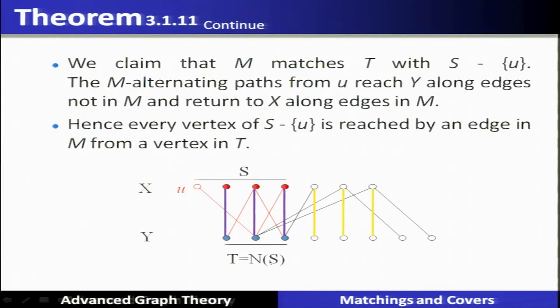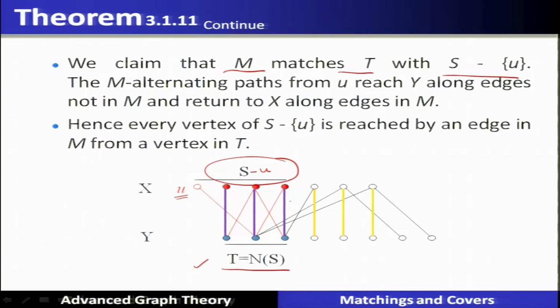Now, we claim that this matching M will match T with all the elements of S minus u, because u is unsaturated. So, if there is a matching between S minus u and T, we have to see those edges.